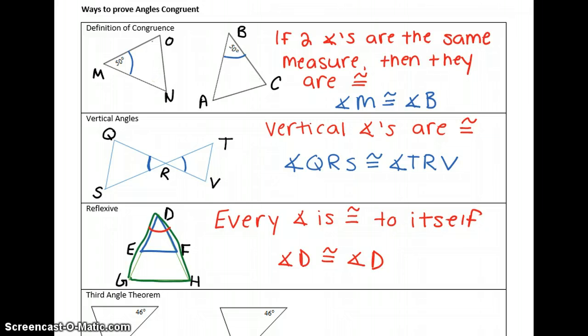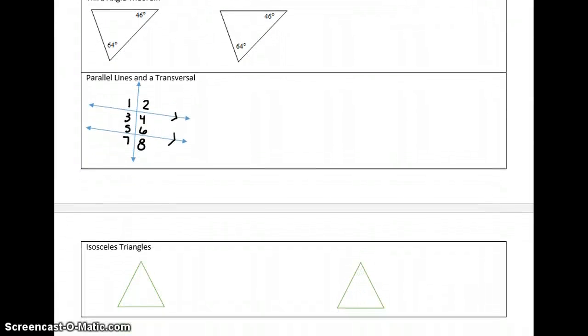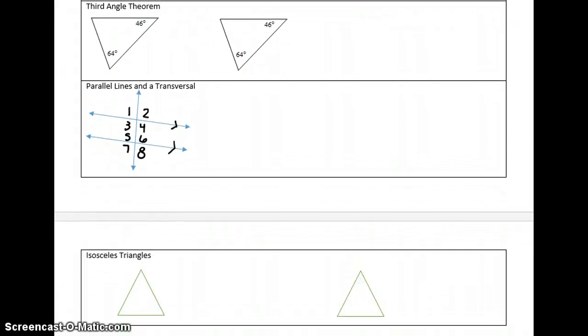Let's work through some more ways to prove angles congruent. Next, we have the third angle theorem. This says if two corresponding angles of a triangle are congruent, then so is the third angle.